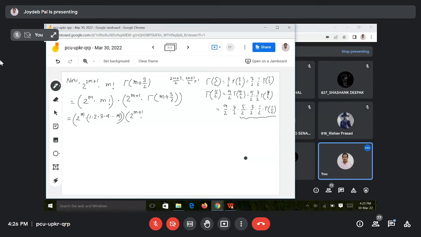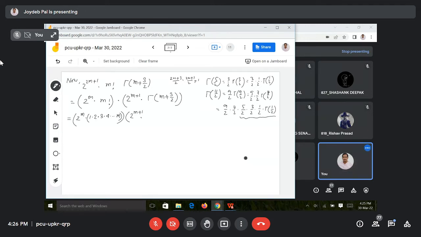Then in the first step, it will be 2m plus 1 by 2 gamma 2m plus 1 by 2. And then you decrease the term by 1 and continue.